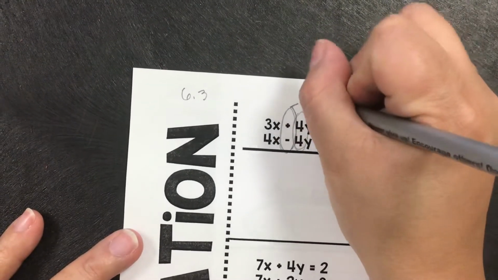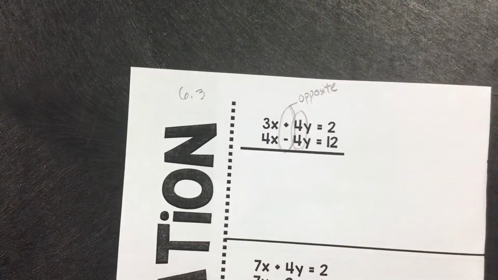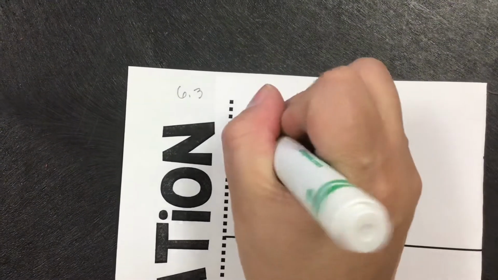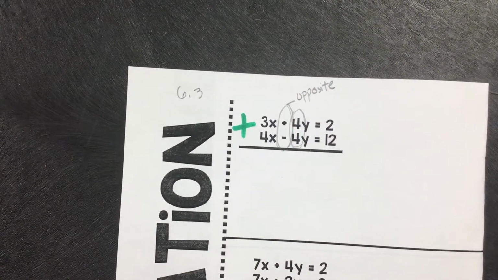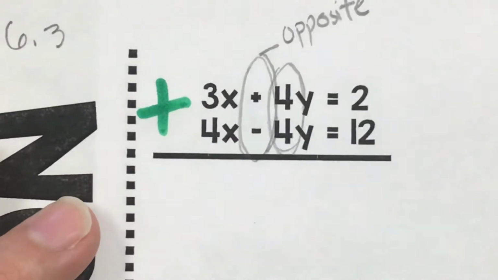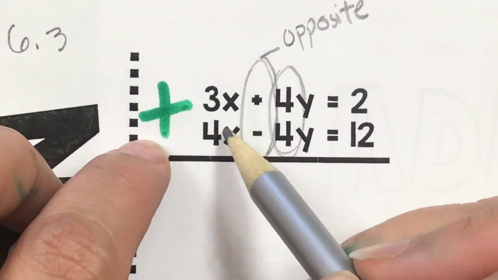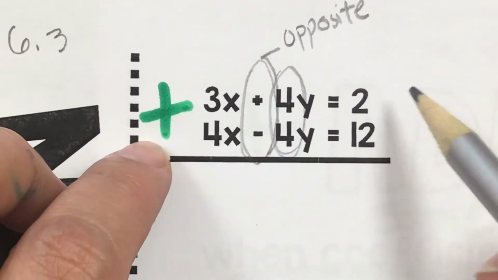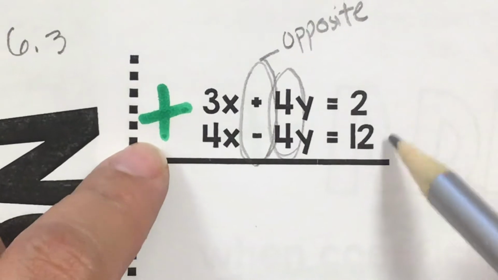If they're opposite, you add these two equations together. How do we add them? Well, the like terms still stay together. So the x's with the x's, the y's with the y's, and the constants, the ones without the variable, stay together.